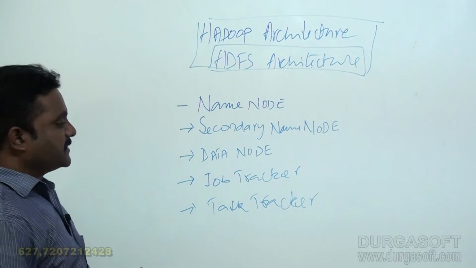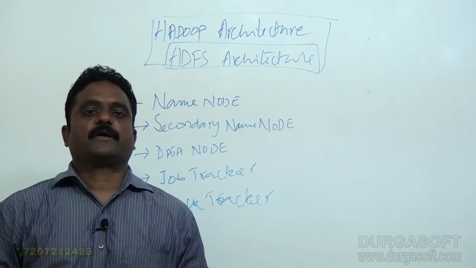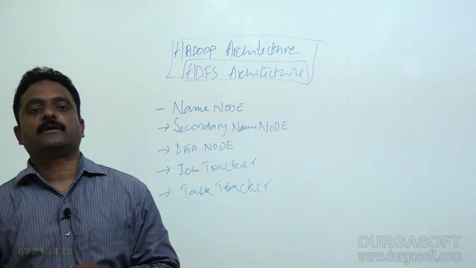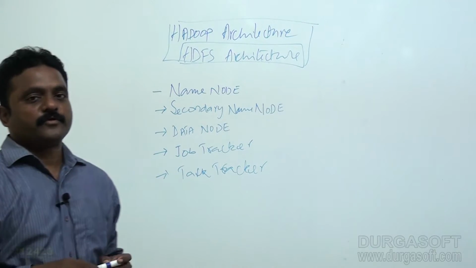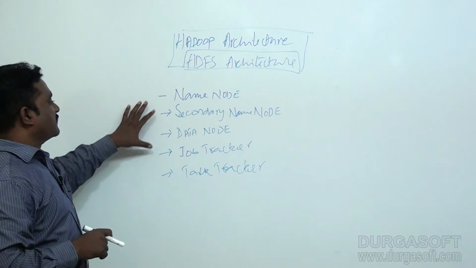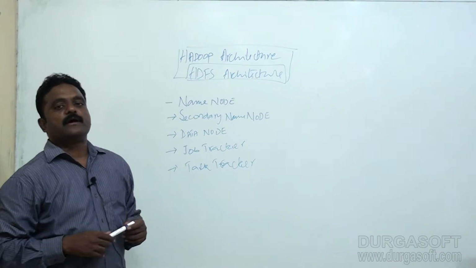These are the 5 daemons you would see whenever you give a command on your console to start Hadoop. You would be seeing these 5 daemons or 5 processes running on your Hadoop cluster.